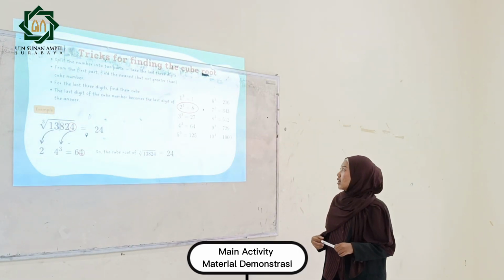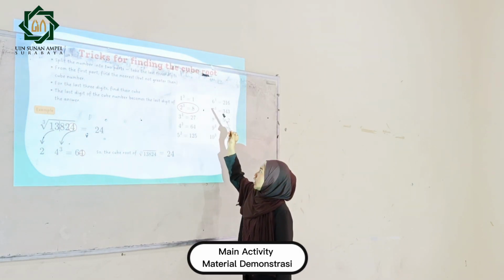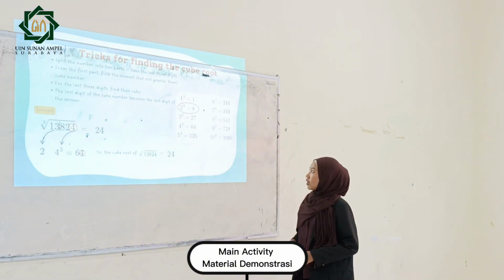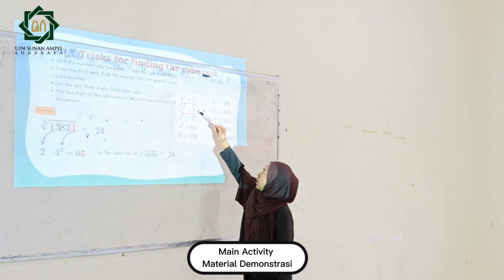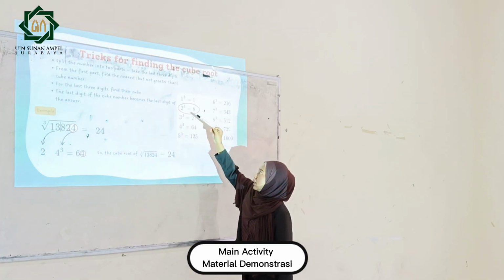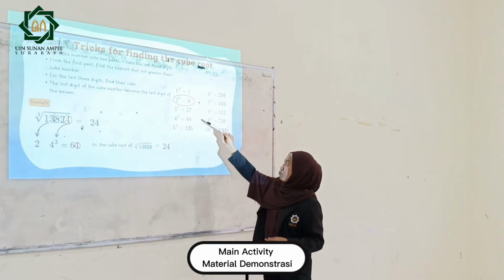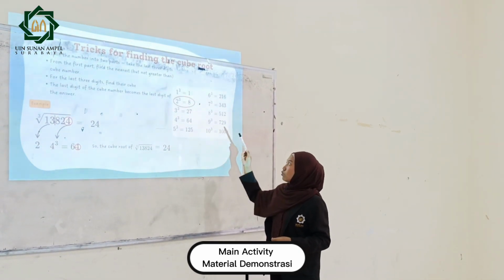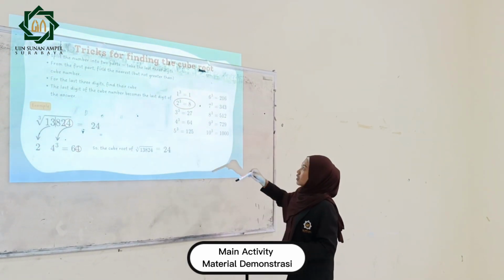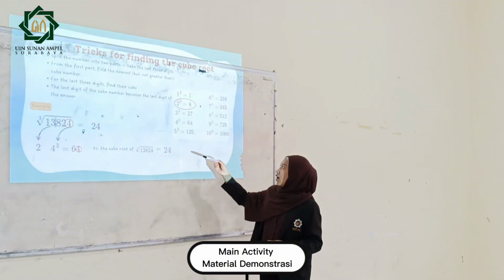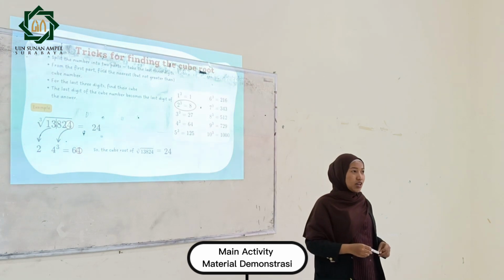We can see that 2 cubed equals 8 and 3 cubed equals 27. So 13 is between 2 cubed and 3 cubed, and we choose 2 because it is not greater than 13. 13 is between 8 and 27.